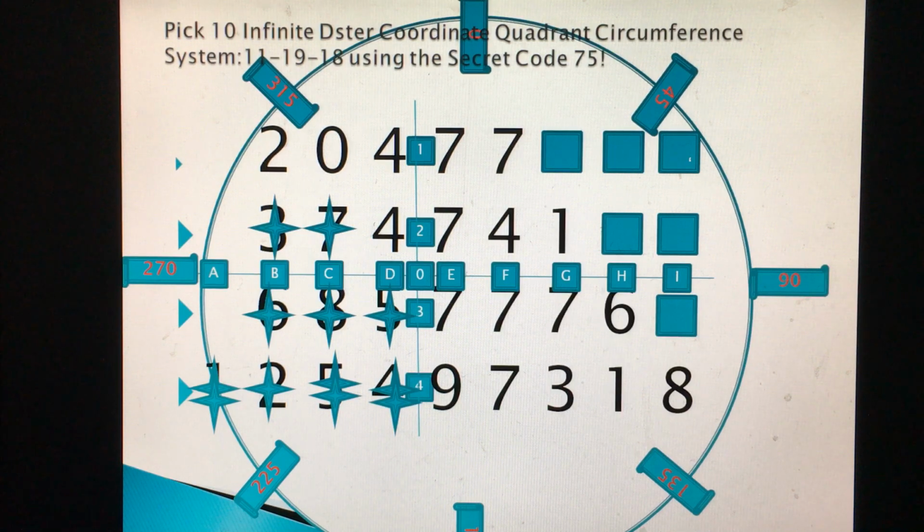And the secret code 75 is also in between quadrant 1 and 3. As you can see, every digit is being used in quadrant 3. Every digit is being used. And you can see where the hitting points are.